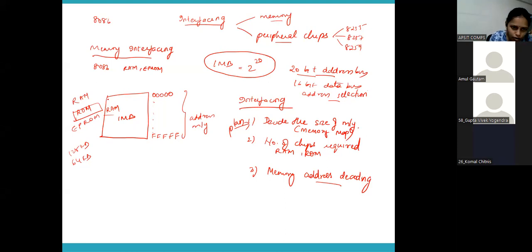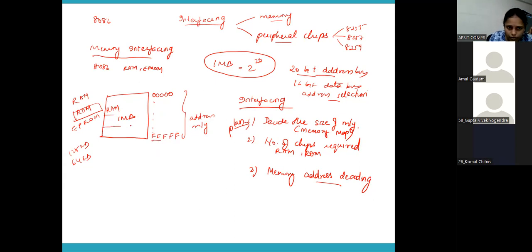It is not necessary that only the beginning portion is RAM. You can have other RAM banks also in the memory, but the beginning 4K locations of your memory are compulsorily going to be RAM only. And where will your ROM come? Your ROM always ends at address FFFFF.